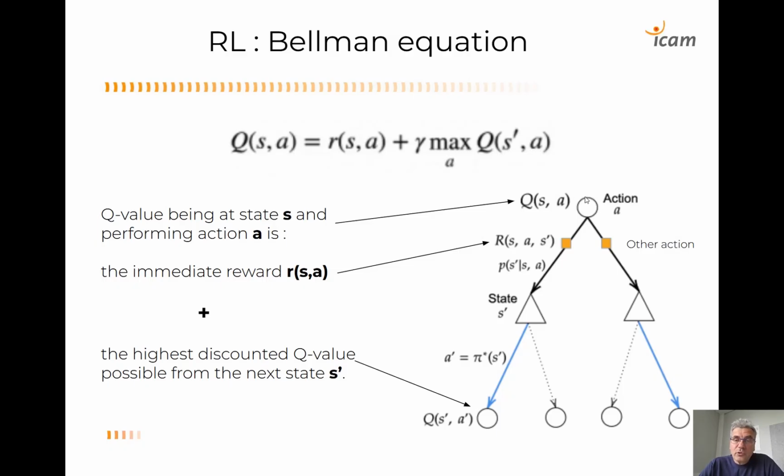Bellman says that the Q value of the action A, being in the state S, is the immediate reward that you will get from choosing the action A. And now, because you are on state S prime, you will choose the maximum Q value here, the action which gives you the highest next Q value, and you discount this with the gamma factor.